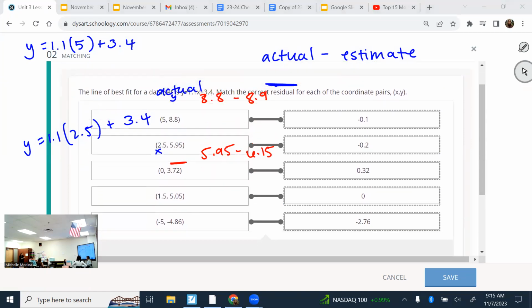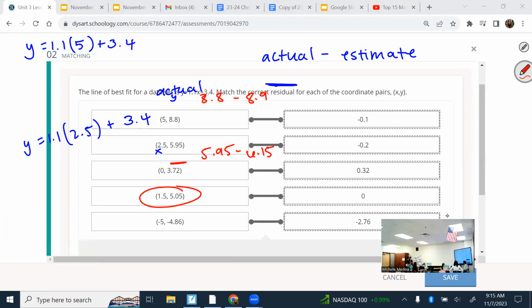So hopefully you guys know the process. If not, I can show you at least one more of these. Let's show the one where it's 0. So for this one, what do I have to plug into the equation? 1.5, and plug it in for the X. The equation's given to you, so put that in your calculator. 1.1 times 1.5 plus 3.4.